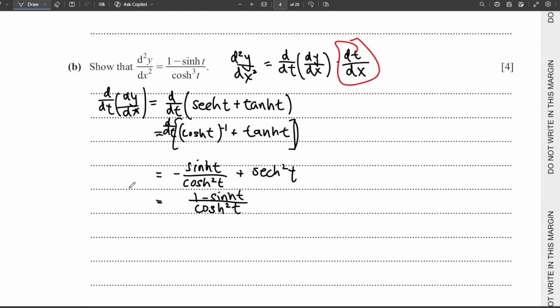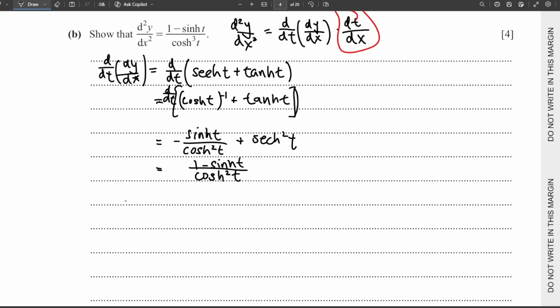And we're not done yet. This is just the derivative of dy/dx in terms of t. So to finally find the second derivative d squared y by dx squared, we take this 1 minus sinh t over hyperbolic cosine squared of t and multiply by the reciprocal of dx/dt, so 1 over cosh t.